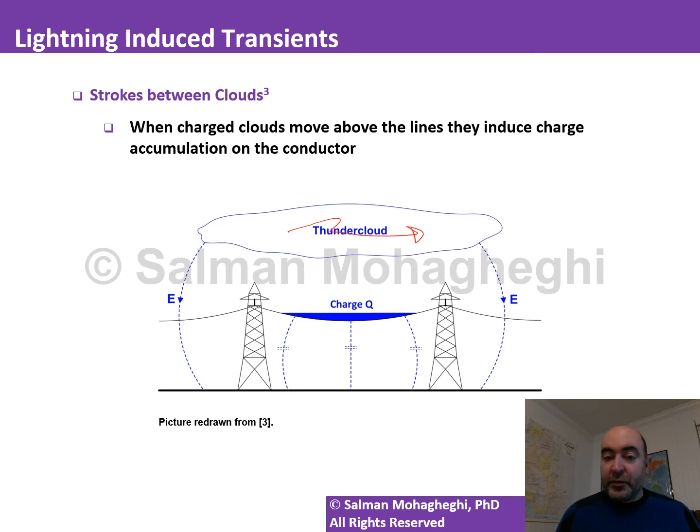When these charges neutralize, there is no other electric field to maintain the charges on the overhead lines. So they will try to neutralize as well, and this creates an immediate transient leading to voltage and current oscillations that will go again along the lines, moving in different directions. So that's the fourth scenario in which lightning activity, and this time not lightning from cloud to ground, but from cloud to cloud, can actually lead to transients in power systems.